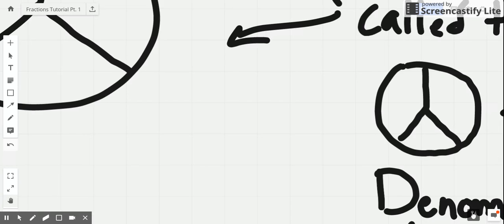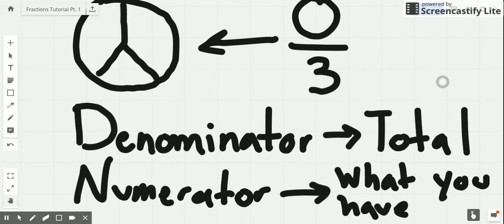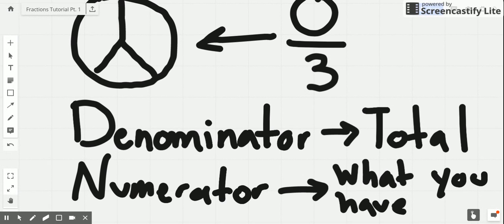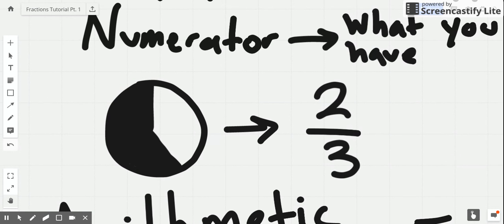Now, if we have 0 slices, we can write this as 0 over 3, using the mental rule that the denominator is equal to the total number of slices, and the numerator is equal to how many slices you actually have out of the total. So to write 0 slices, we would write 0 out of, or 0 over 3. Another way, along the same line of thinking, we would write 2 out of 3 slices as 2 over 3, over that vinculum in the middle.